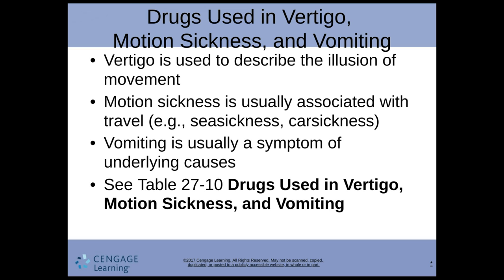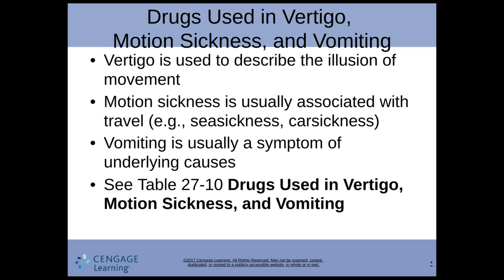So drugs used in vertigo, motion sickness, and vomiting. Vertigo is used to describe the illusion of movement. So if you close your eyes and you get real dizzy, sometimes you may have a spell of vertigo. Motion sickness is usually associated with travel, like seasickness or car sickness, right? I have to drive because I get car sick if not. And vomiting is usually a symptom of an underlying cause like a stomach bug or something like that, right?